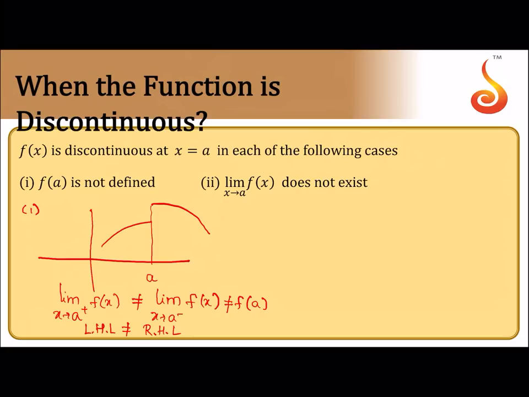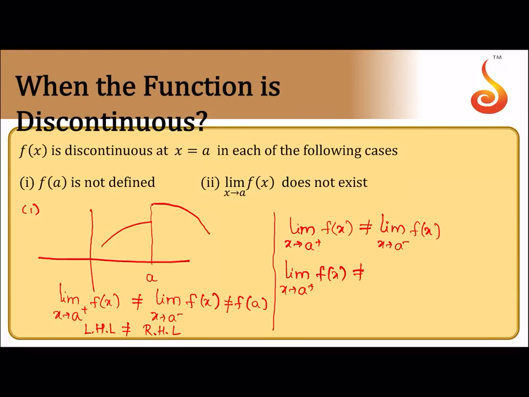And it is not equal to the value of the function. Suppose I write f of a. So the left hand limit is not equal to the right hand limit, or the left hand limit is not equal to the value of the function, or the right hand limit is not equal to the value of the function. Any one of these, then we say the function is discontinuous. This is discontinuity of the first kind. I'll repeat once again neatly. Limit x tending to a plus f of x is not equal to limit x tending to a minus f of x.